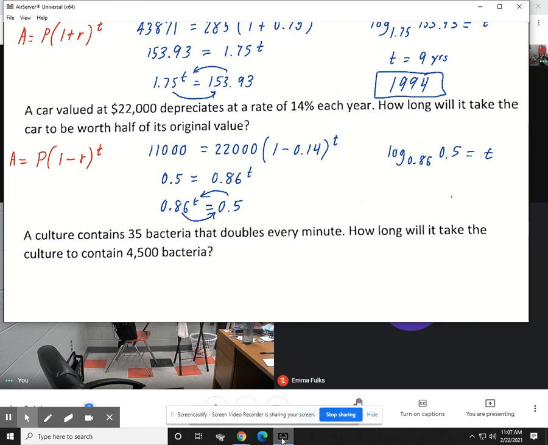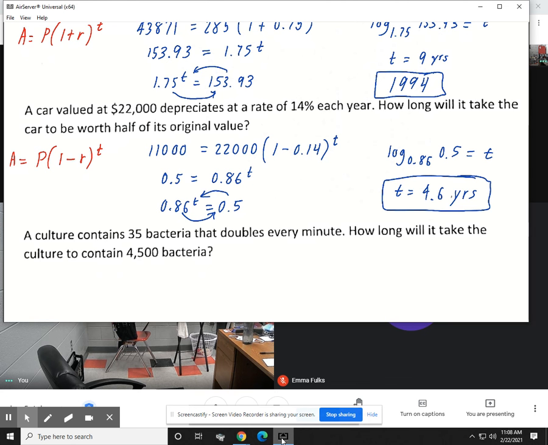Equals T. So alpha window number 5, log base 0.86 of 0.5 equals approximately what? So about 4.6 years. And that's all this one asks, so you don't have to do anything tricky to that. There it is. It takes about 4.6 years.